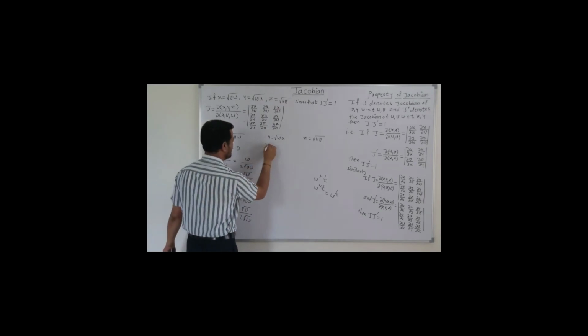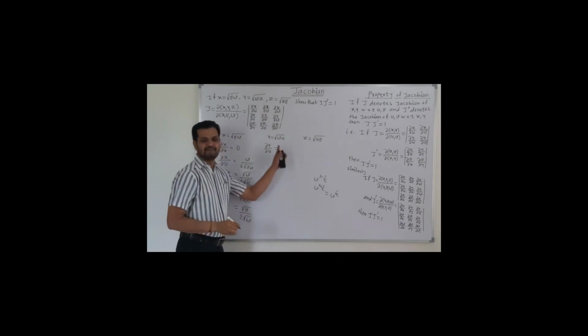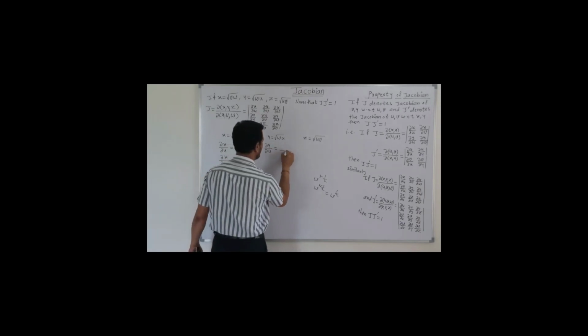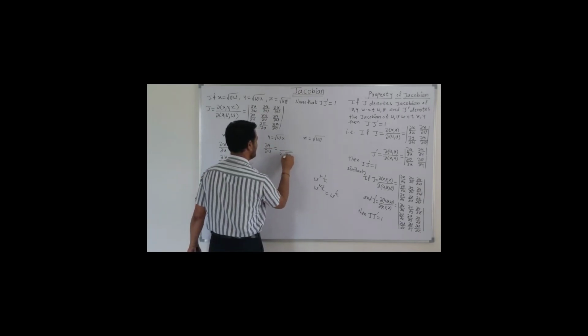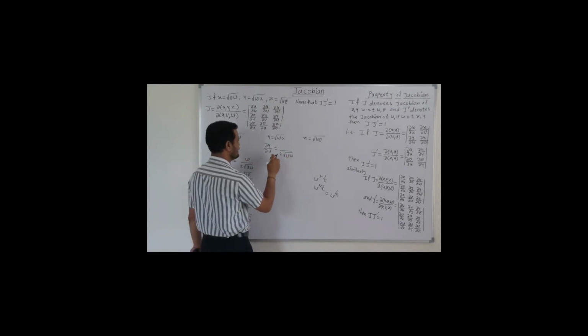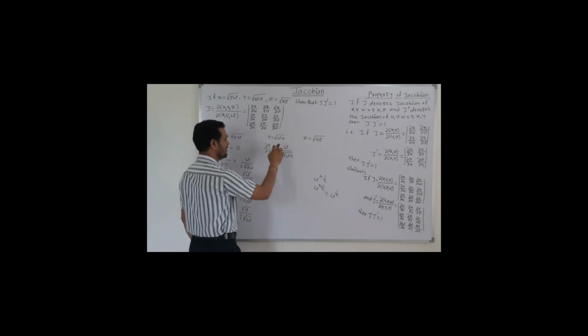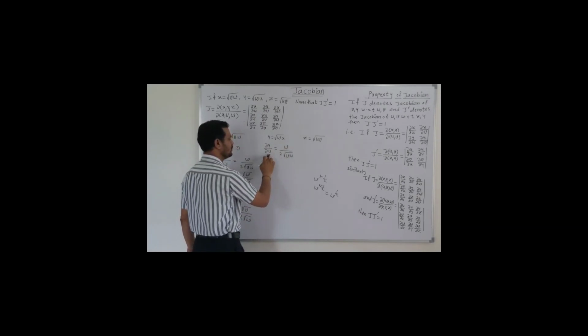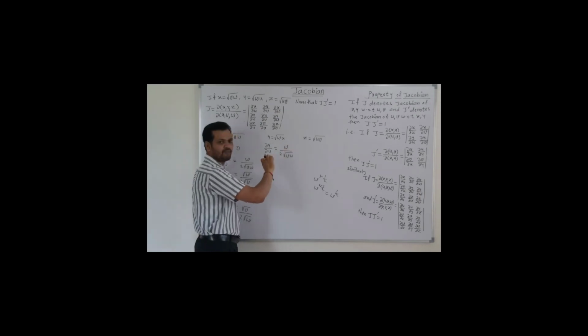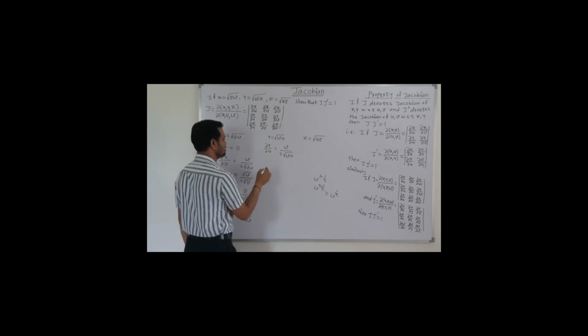Now once again take the partial derivative of y with respect to u. Again derivative of root x is 1 upon 2 root x, which is 1 upon 2 root of wu. This is other than u, so the derivative of wu with respect to u is w, the partial derivative, w is constant, derivative of u with respect to u is 1.